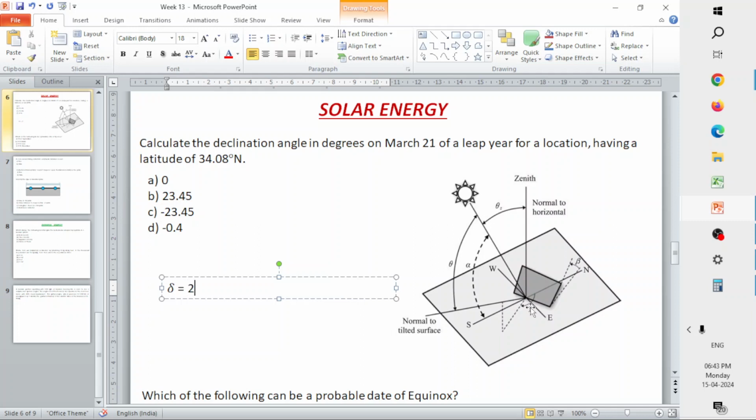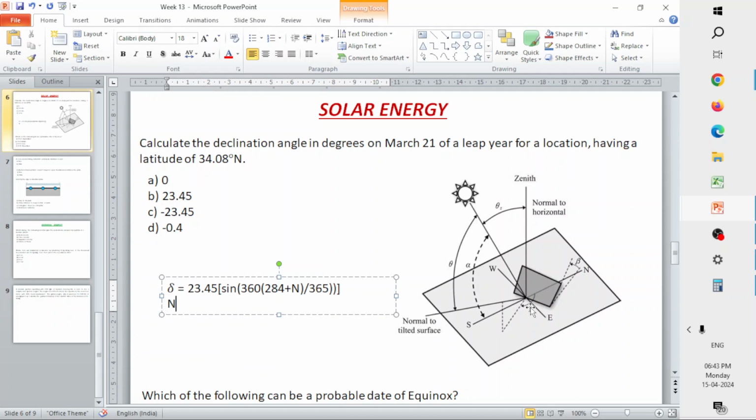It is given by the formula 23.45 times sine of 360 times (284 plus n) divided by 365.